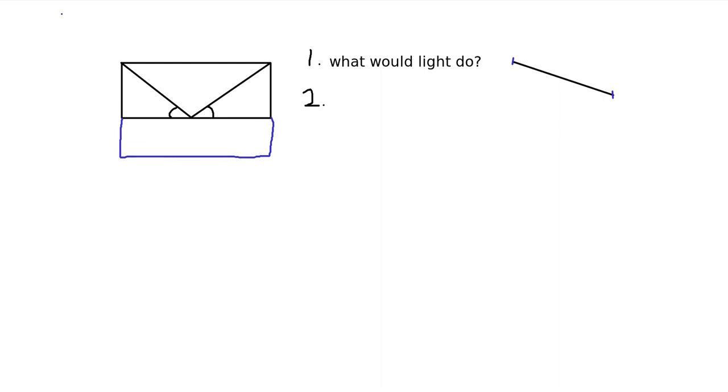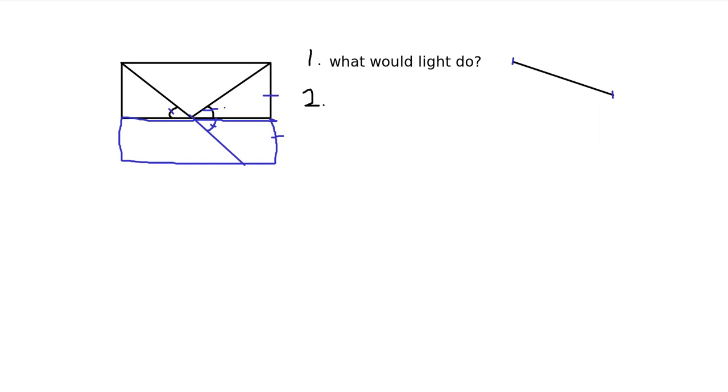Let me see if I can make this a little bit better. That's rough. Anyway, if we take this rectangle and reflect it over, so these sides are supposed to look equal, then if I were to continue this ray, what I know about this angle is that this angle is equal to this angle, which is equal to this angle.